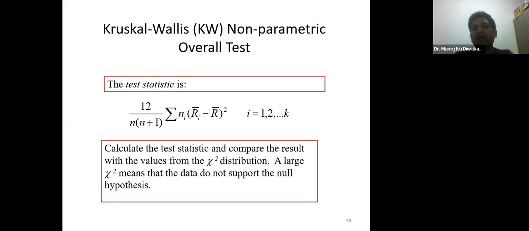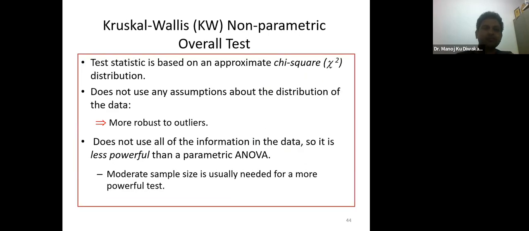If you get a higher chi-square value, it goes beyond the critical value. The test statistic is based on the appropriate chi-square.